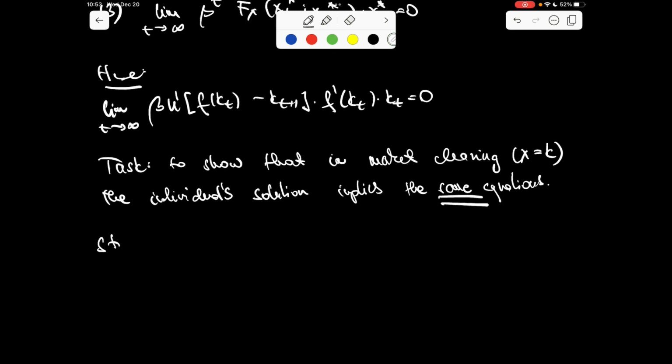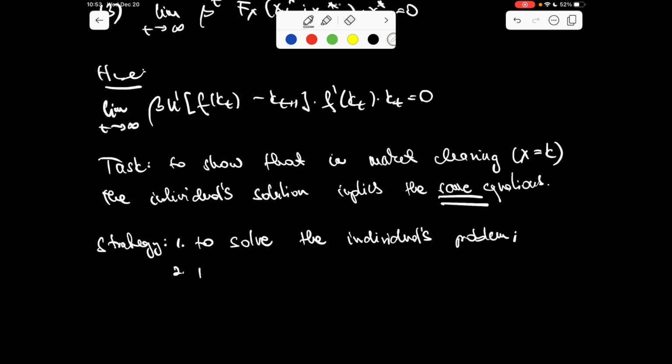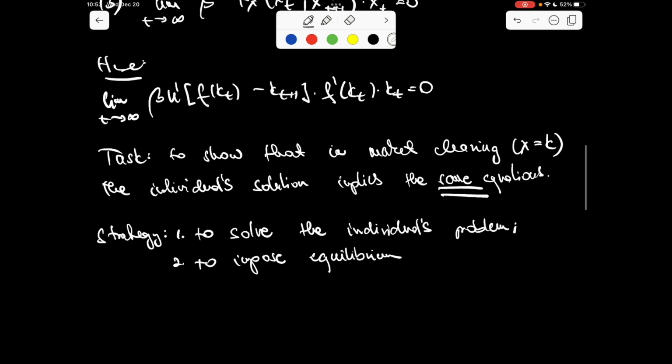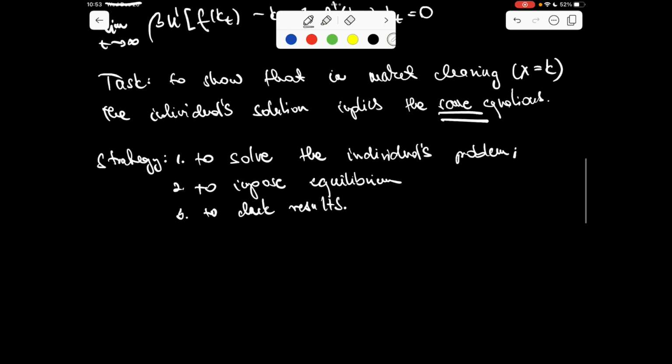So the strategy that we should follow is to solve the individual's problem, then impose the equilibrium conditions, and to check results. We are supposed to have the same solutions.